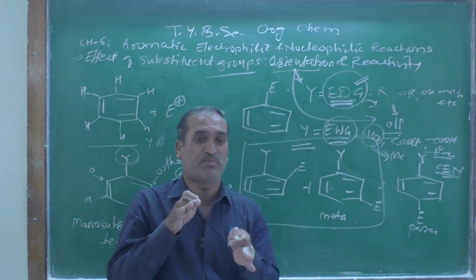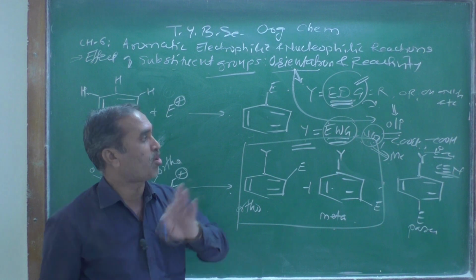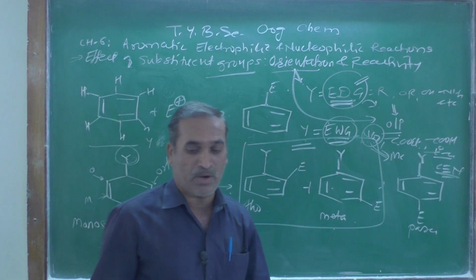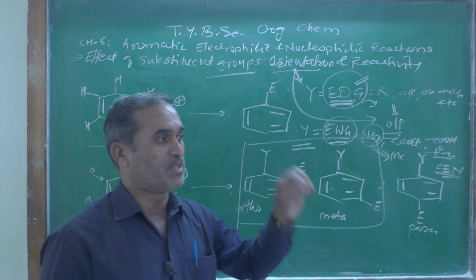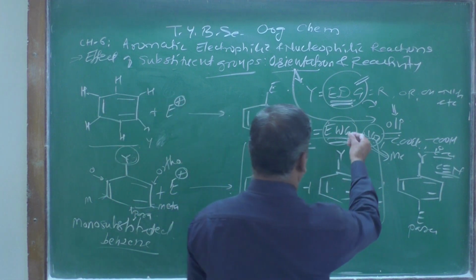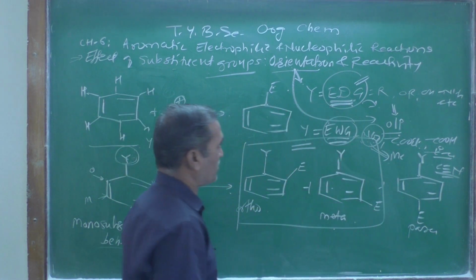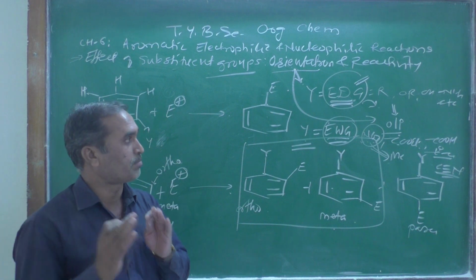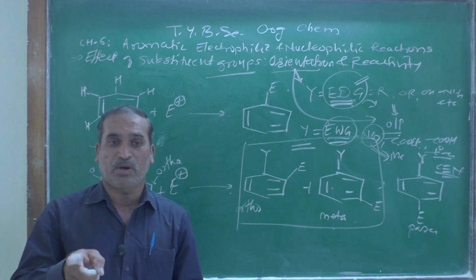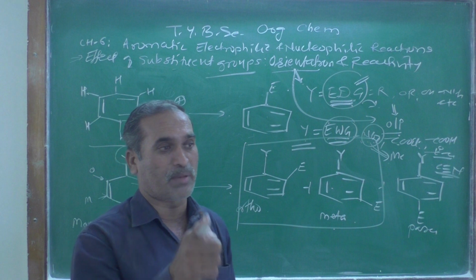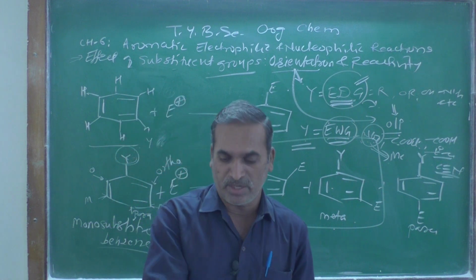Meta director means the product obtained is a meta product. Always remember, if the benzene ring contains an electron withdrawing group, they give the meta product, or they form the meta product.